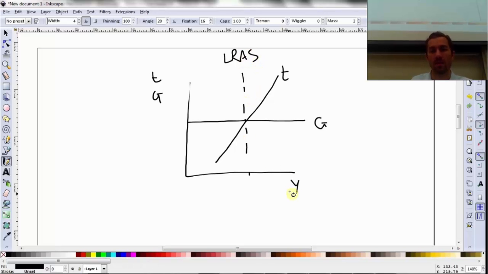That's the level of output for our long run aggregate supply curve if we were plotting prices. So at potential GDP, if our government spending and our tax revenue are equal, we have, let's call this point A, a balanced budget.